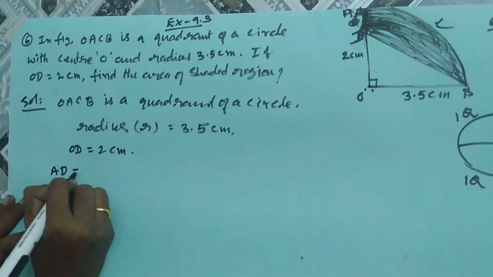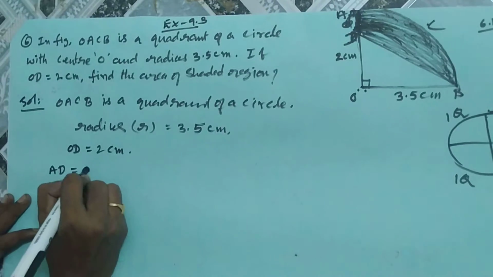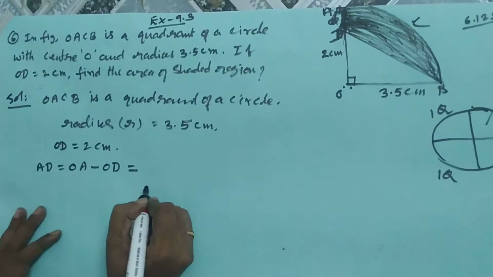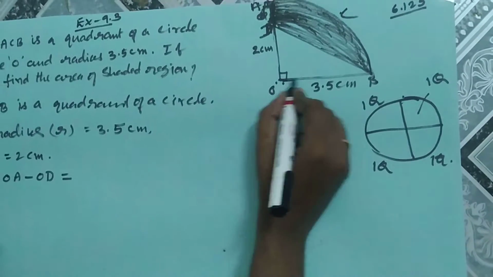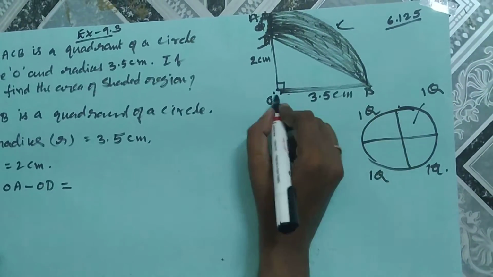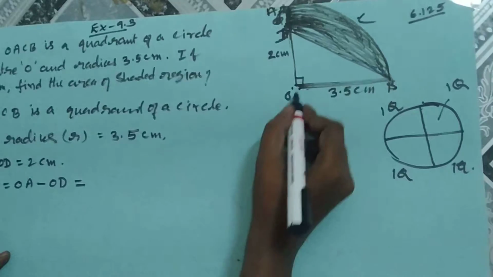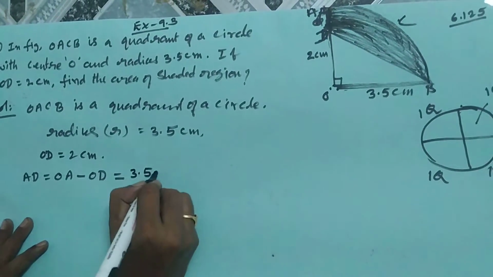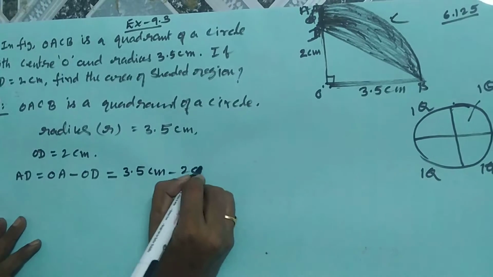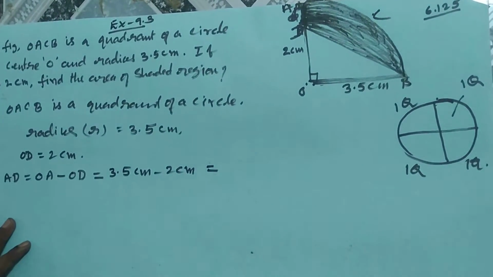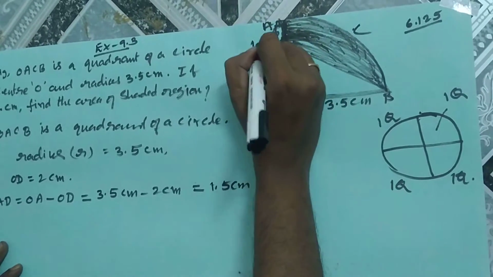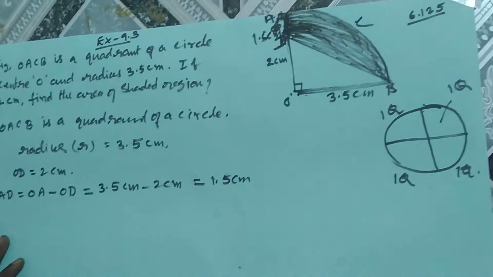AD length equals OA minus OD. In a sector, the radii are equal, OB equals 3.5, so OA also is 3.5 centimeters. 3.5 minus 2 equals 1.5 centimeters. So the AD length is 1.5 centimeters.